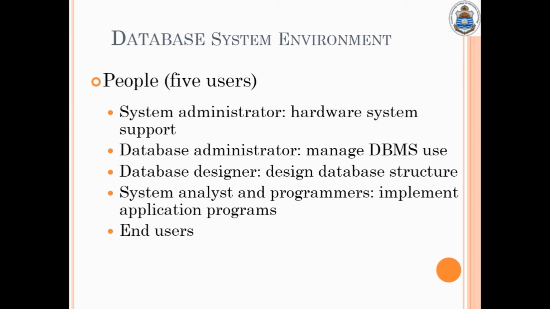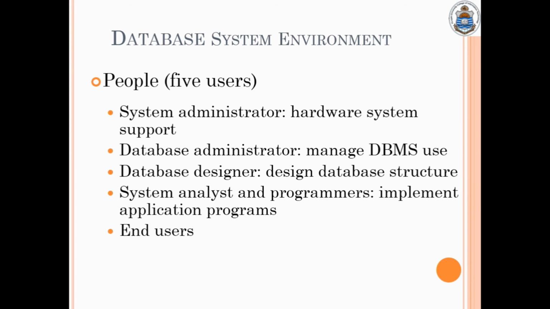The third is the database designer, who designs the database structure, who we also know as the developer. Then there are system analysts and programmers, who implement application programs. And last is the end user, who buys or uses the product.